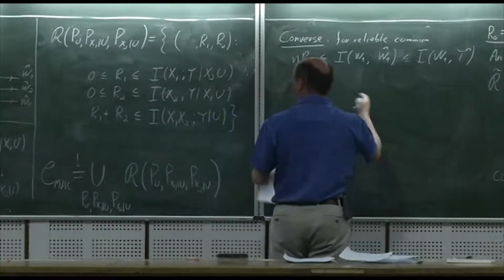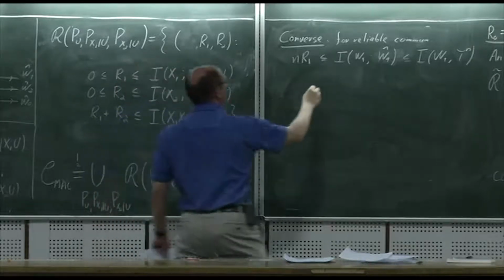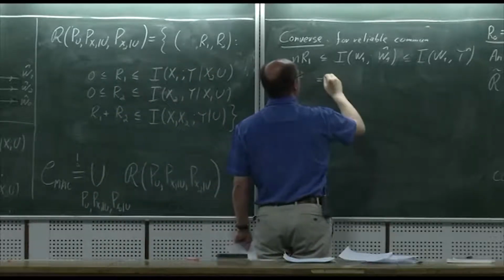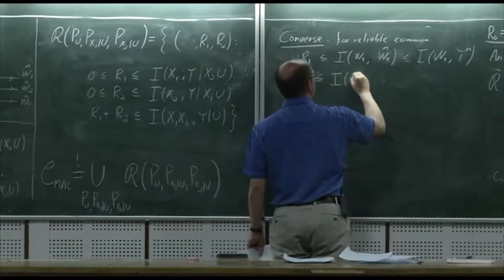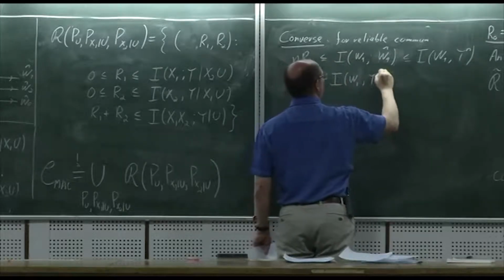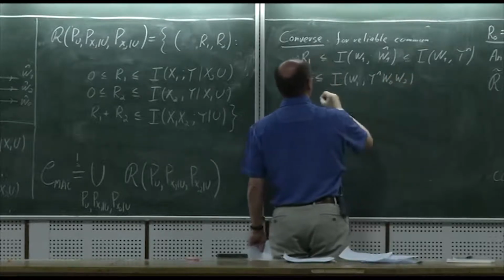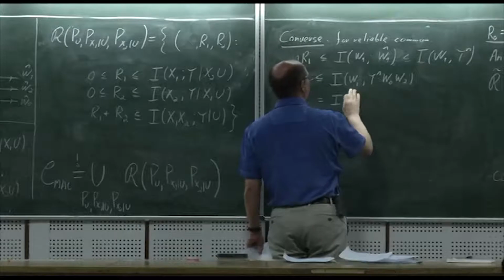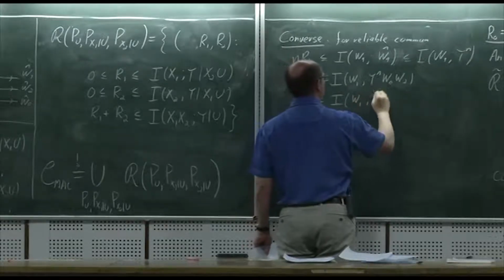Except that I want to get the U in the conditioning, and I want to get an X2 in the conditioning. So what I do here is the following. This is less than, if I include the other two messages here, so I'm giving the receiver both other messages, but these two are independent. So using chain rule, I get the mutual information between this and this, which is 0, plus the mutual information between this.